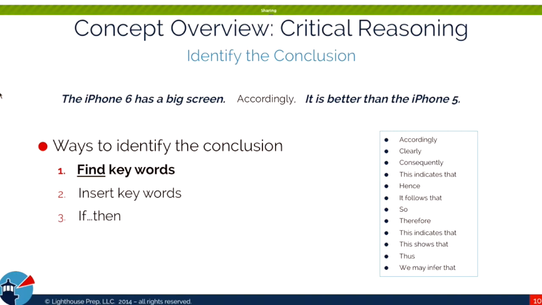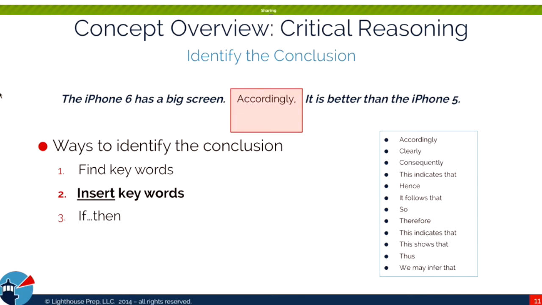But sometimes you're going to get a passage where the word accordingly or clearly or consequently or any of these other words are not listed in the passage. So how are you supposed to identify the conclusion in that situation? Well, the other option is that you can insert keywords, right? So if you were to have a passage like this, the iPhone 6 has a big screen. It is better than the iPhone 5. Well, you can put in your own keywords.